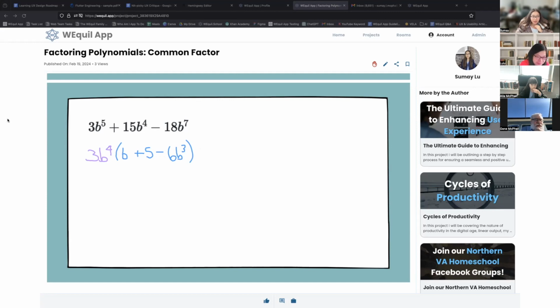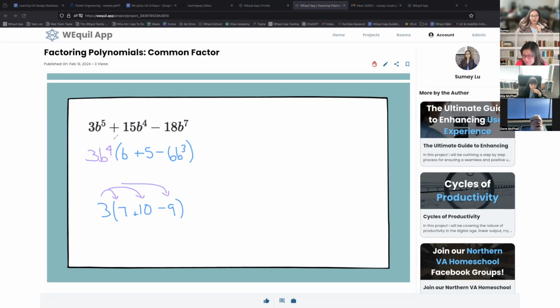But mostly it's just learning the distributive property, because basically you're just distributing this number into each of the items within here, right? Which is exactly what we're doing when we're factoring, just in reverse, right?